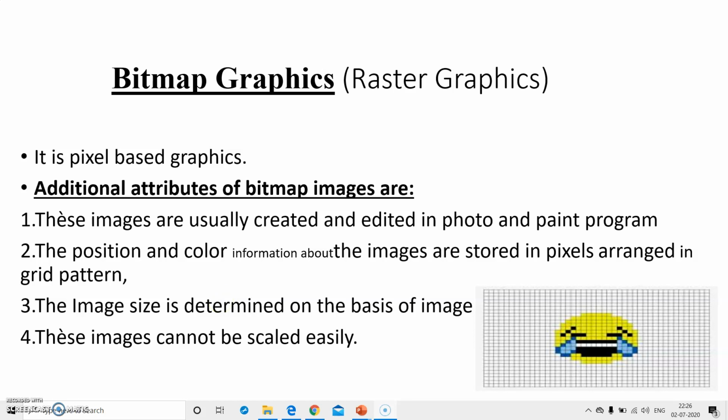Second, the position and color information about the image are stored in pixels arranged in a grid pattern. Third, the image size is determined on the basis of pixels. And fourth, bitmap images are used to represent photorealistic images, which involve complex color variation.